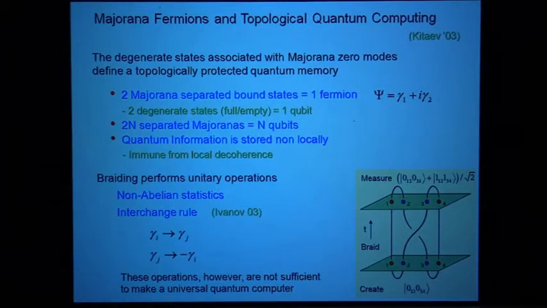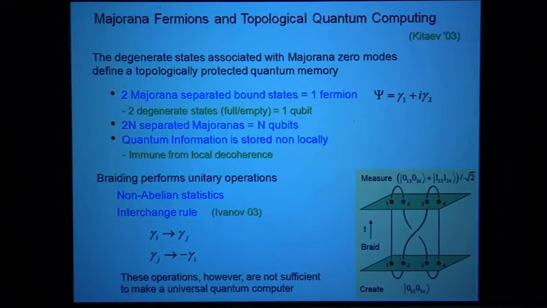Can you explain how the state changes under braiding? How do I get from this to this? It's basically contained in this rule. The idea is that if you exchange two Majoranas, one of them goes to the other, but the other one goes to a minus sign.